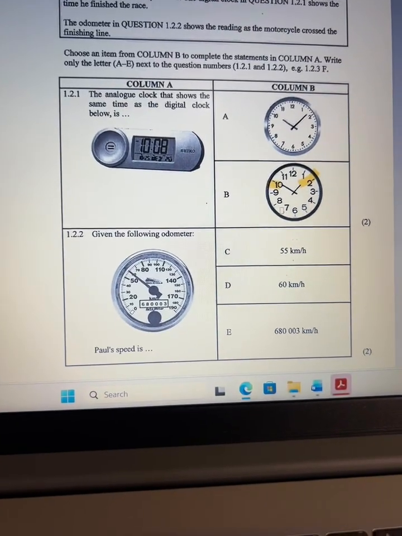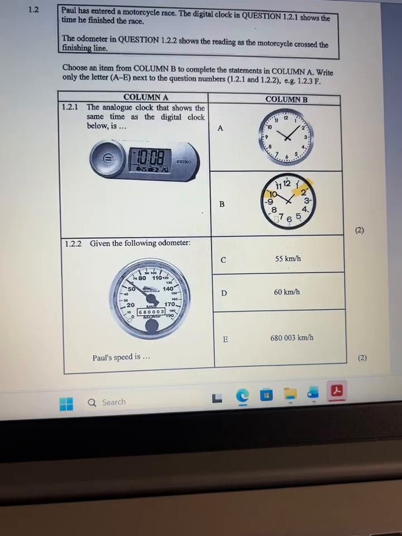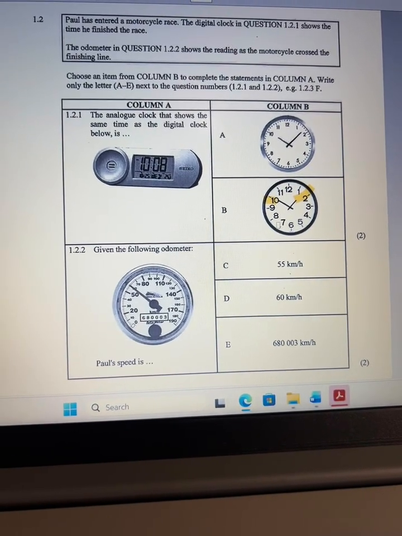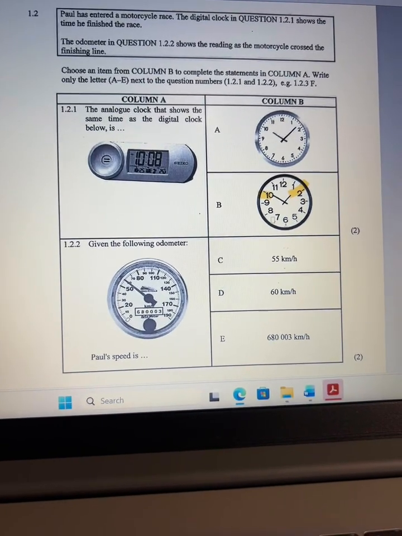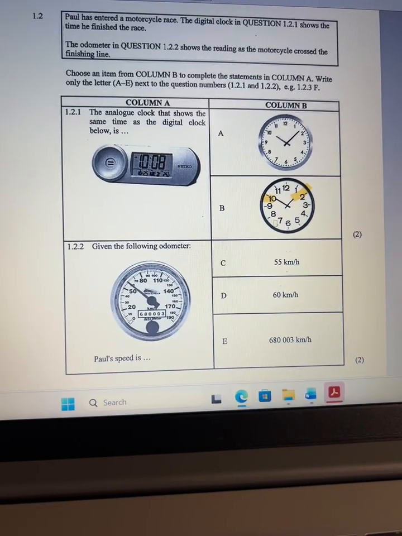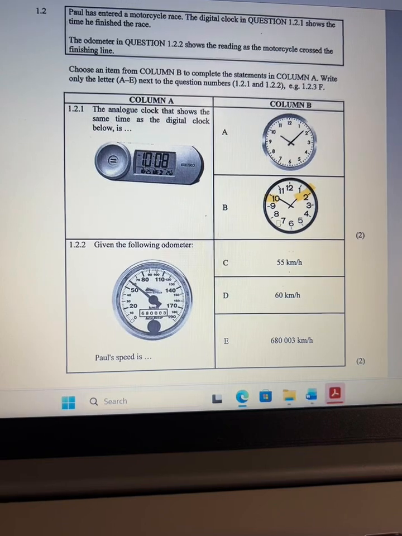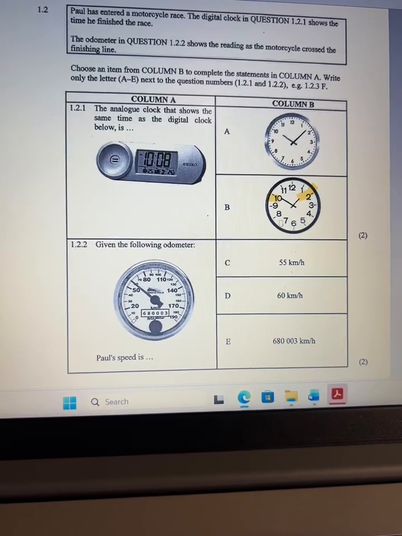Given the following odometer, the odometer is reading the kilometers on the finishing line, or the reading of the motorcycle when it crossed the finishing line. They said given the following odometer, if you check here, we have the speed.